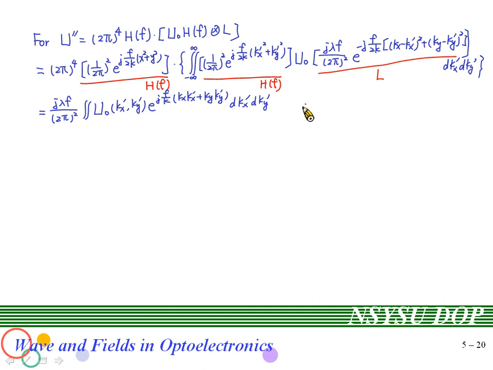That we know that the initial amplitude U0 is the Fourier transform of the capital U0, right? So we have known that U0 can be written as this one.